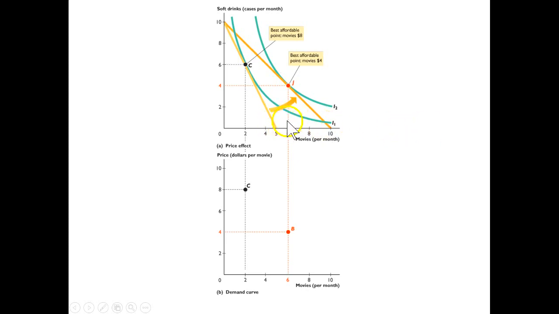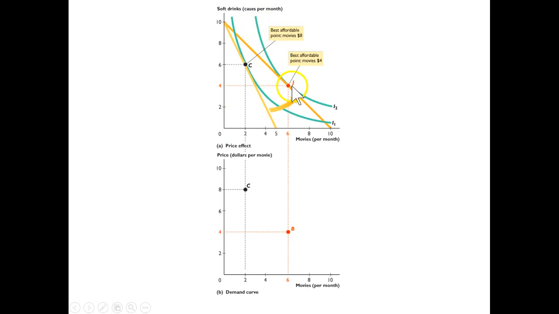And so the budget line swivels outwards, and the consumer will now be able to shift to a higher indifference curve, a more preferred combination of soft drinks and movies. It's further away from the origin.